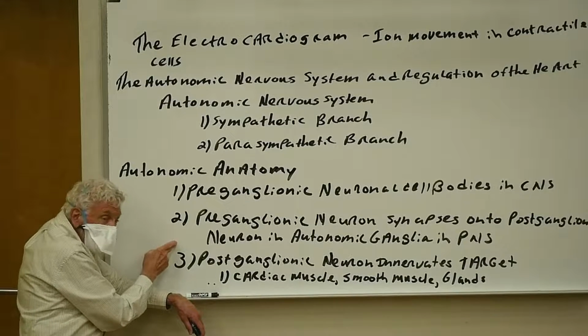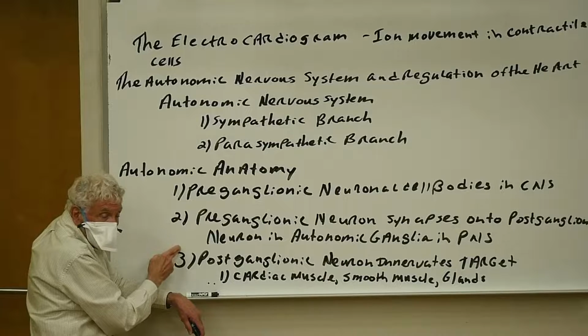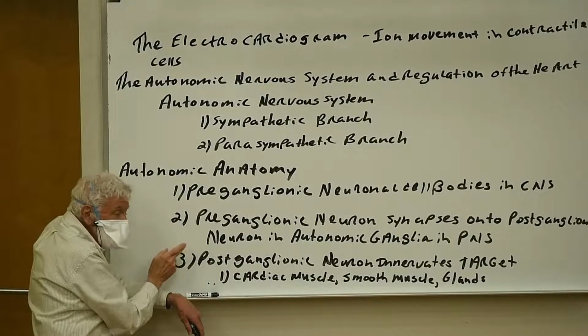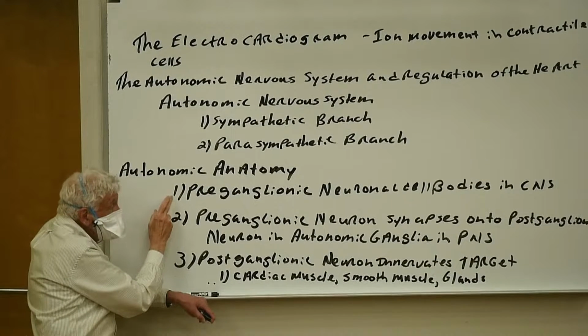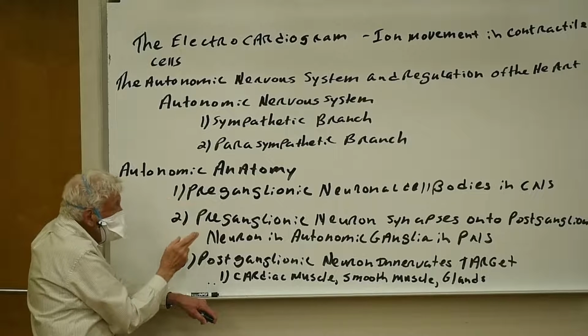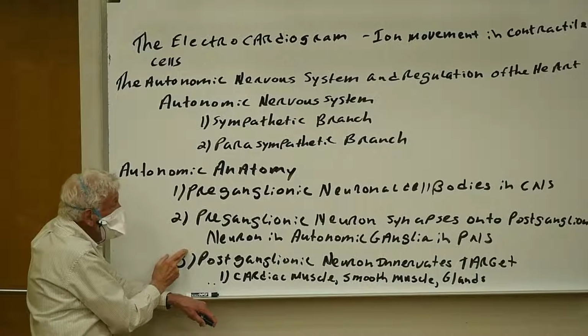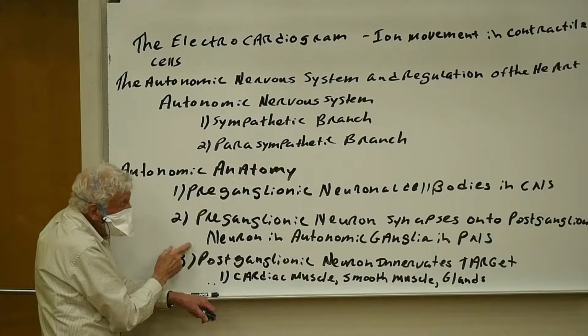If you extend that logic, you'll see that the autonomic ganglia are located in the peripheral nervous system. So the preganglionic neuron always synapses onto the postganglionic neuron. The preganglionic neuron has its cell body in the central nervous system. The postganglionic neuron has its cell body in the peripheral nervous system. And the synapse between the pre- and postganglionic neurons occurs in these ganglia.